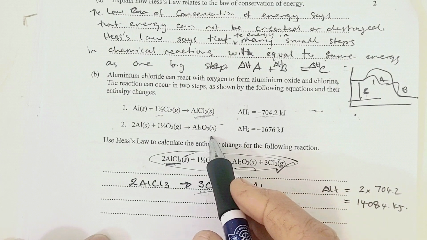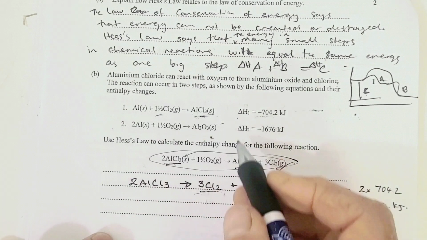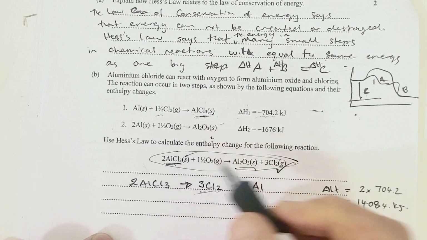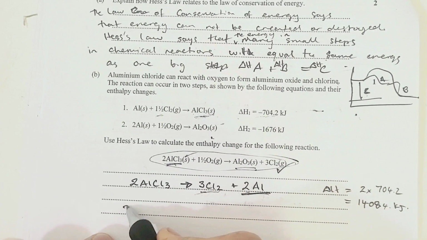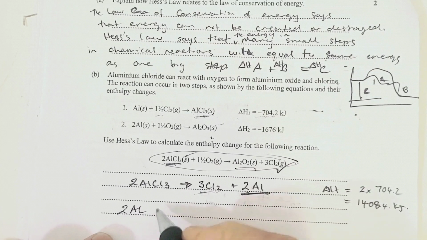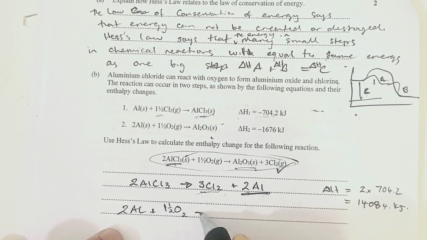So starting with, did we get Al? Alright, so here we've got 2 Al plus 1.5 oxygen.